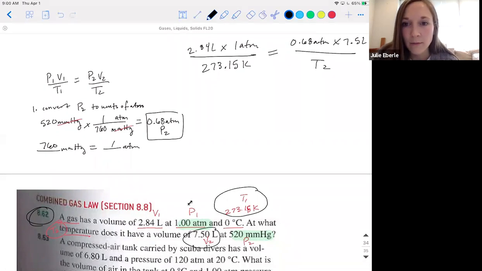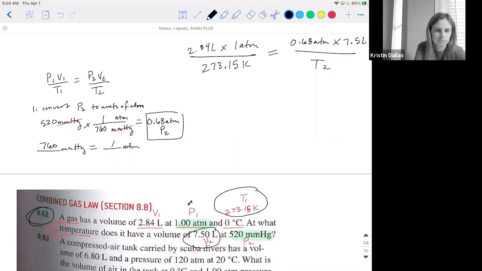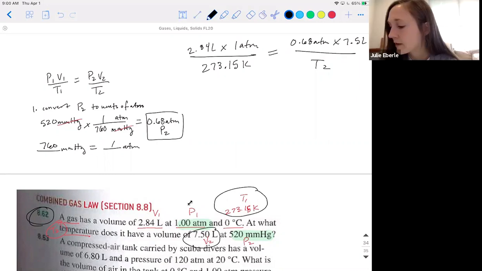Oh no, what I'm solving for is in the denominator. It's not on the top. So what do we need to do? What did we do last time we had this issue? Flip them. Flip the whole problem, okay? So if I flip everything, you should get 273.15 Kelvin over the 2.84 liters times 1 ATM.